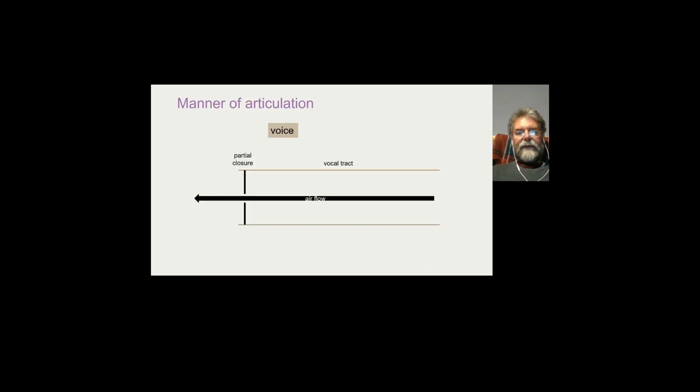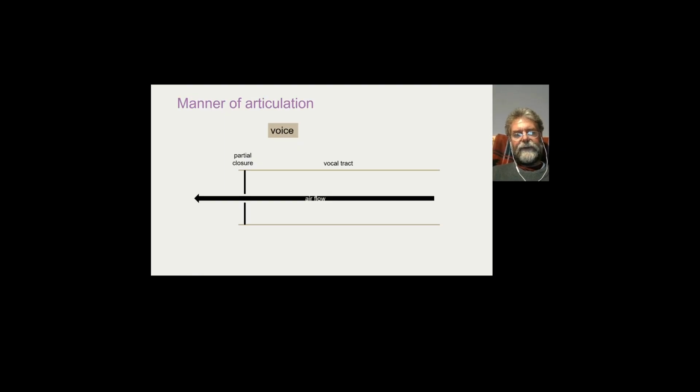Okay, another important aspect of the way we produce sounds, although it isn't actually part of a manner of articulation, it seems to be something of a sideline, because this is something you can get with both fricatives and with plosives. And this is to do with what we call voicing.